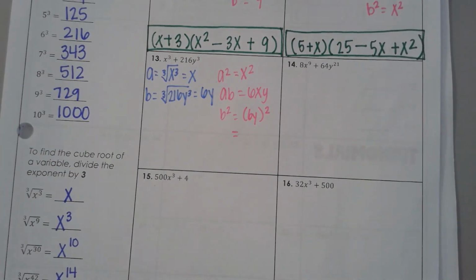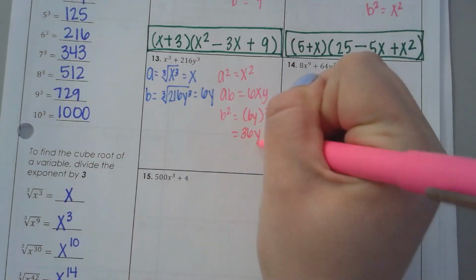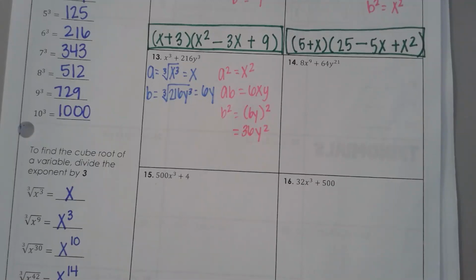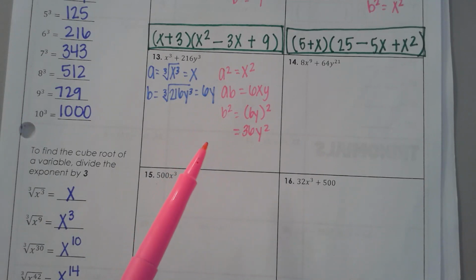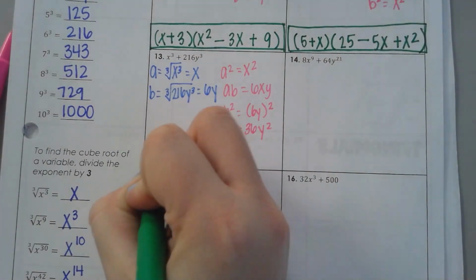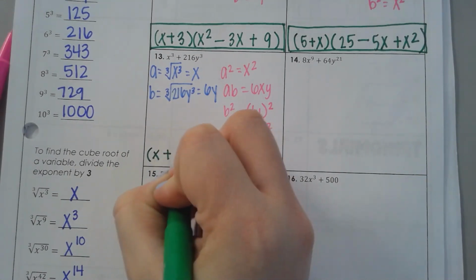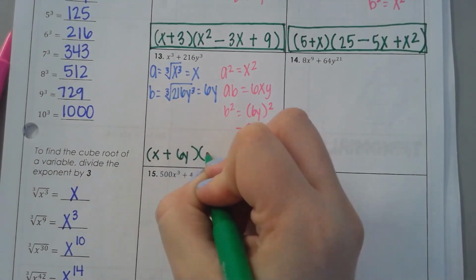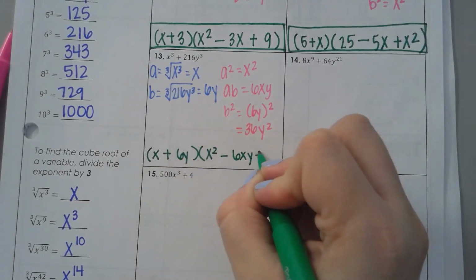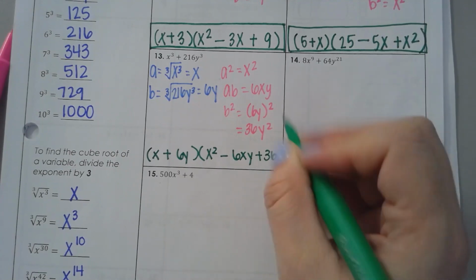So we would get 36y squared. Any questions on that? So then my answer is x plus 6y, x squared minus 6xy plus 36y squared.